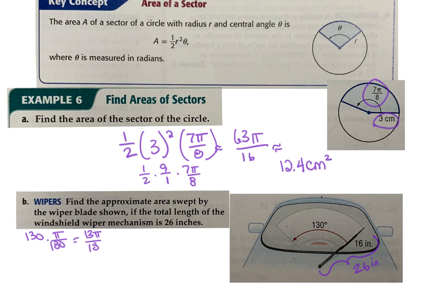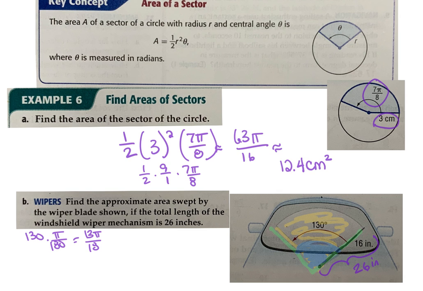If I want to find just the area that is being wiped, this guy right here, I'm going to have to take this whole wedge, right? And I'm going to have to subtract this wedge that's left down here. Does that make sense? So I have to take the entire wedge and subtract this little guy that is not part of the wiper blade that's hitting the window.